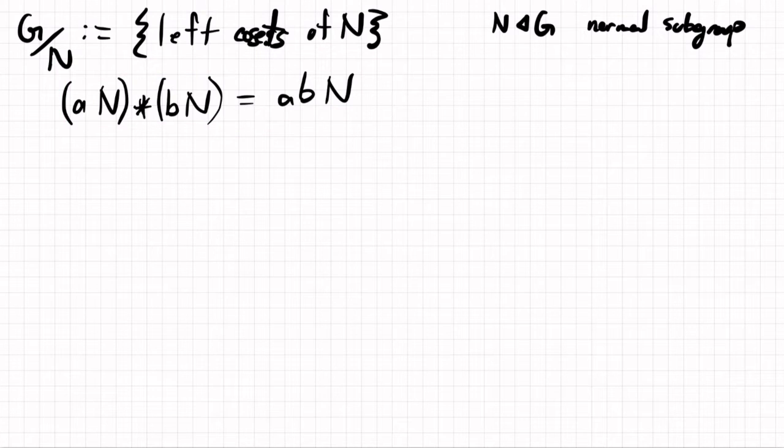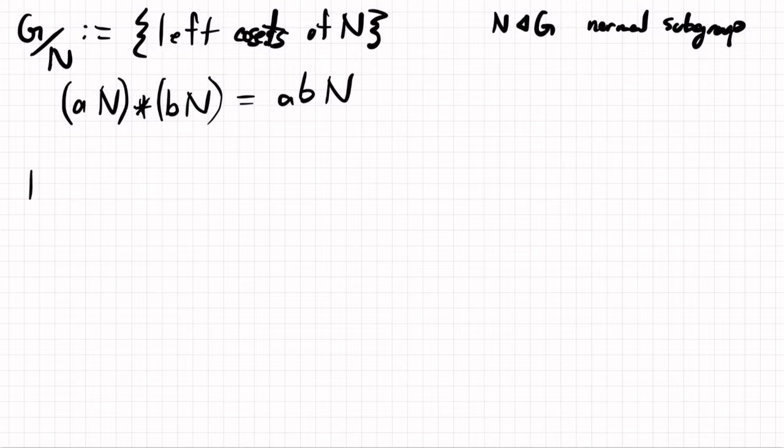Now we need to show that this is going to make this set into a group. The way that we're going to do this is by using homomorphism, except that we kind of can't use a homomorphism because we don't know this is a group, so we can't use group homomorphisms. So we'll do it in a little bit of a roundabout way.